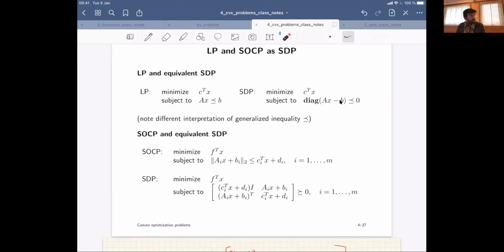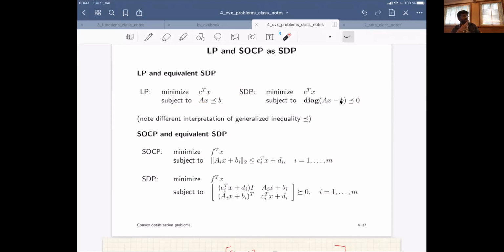When you compare vectors, it is Rn plus. Here, on the left, AX and B are vectors, so it is Rn plus. This is not a rule, but these are two common, very often used inequalities.